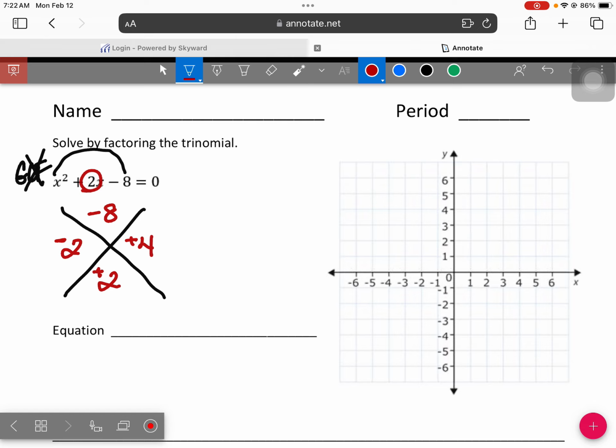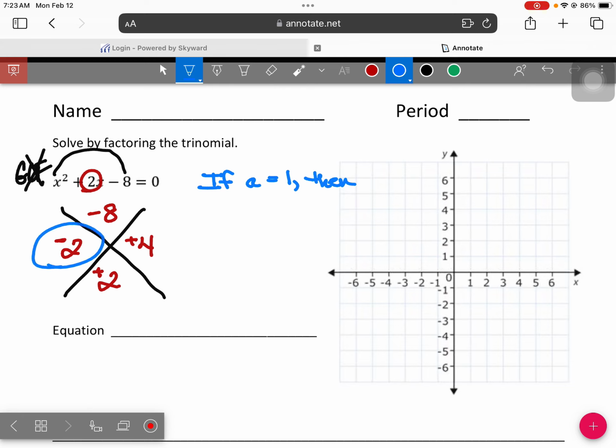All right. Now, did you notice anything? Or what would be my next step? Okay, put it in factor form. How would I do that? Should I do the box? Do I need to do the box? I don't need to. Remember that shortcut I talked to you guys about? If the A value is equal to 1, then we can go ahead and factor this, right?